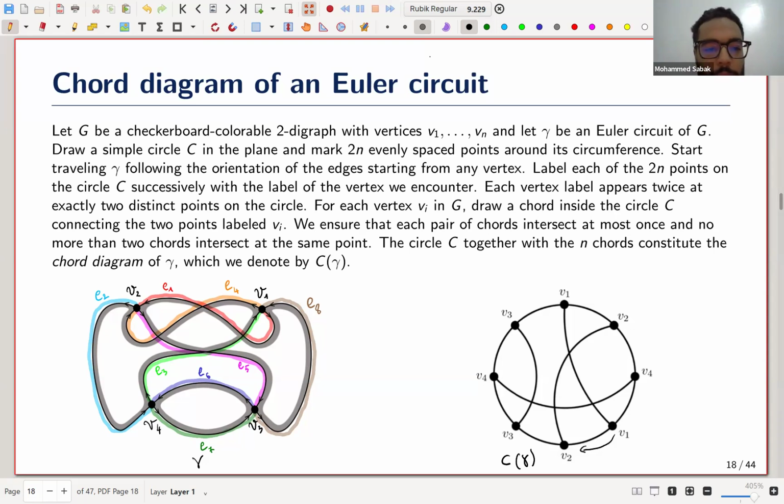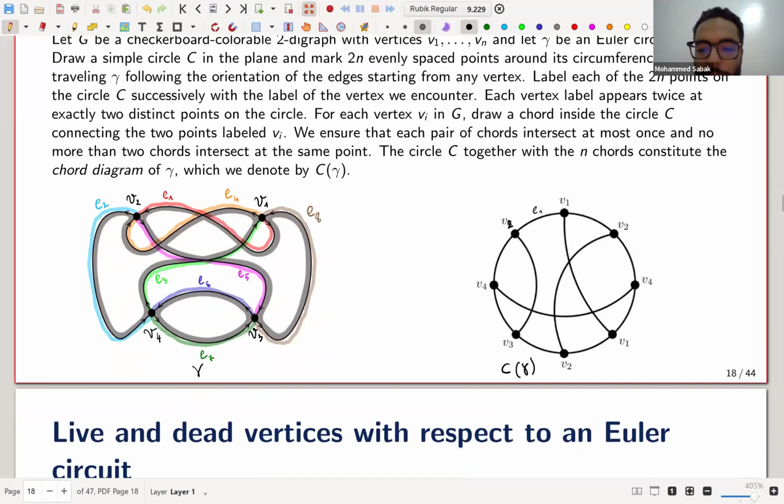So V1, then V2, then V4, I guess I have a little typo here. So let's say I have V1, I go through E1 to V2, then V4, then V3, then V2, etc.